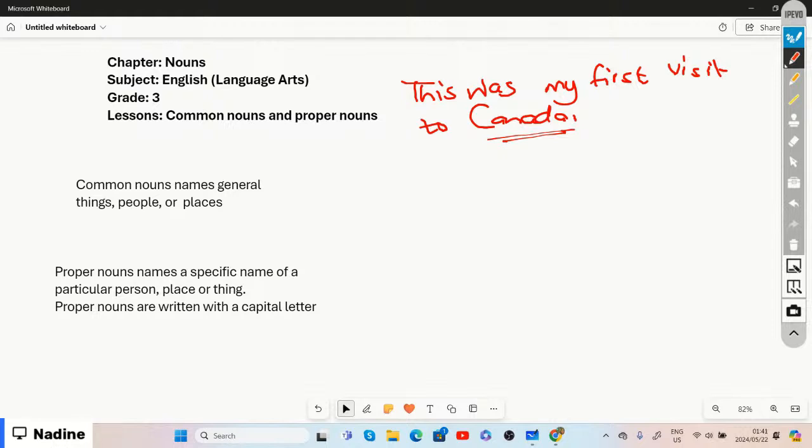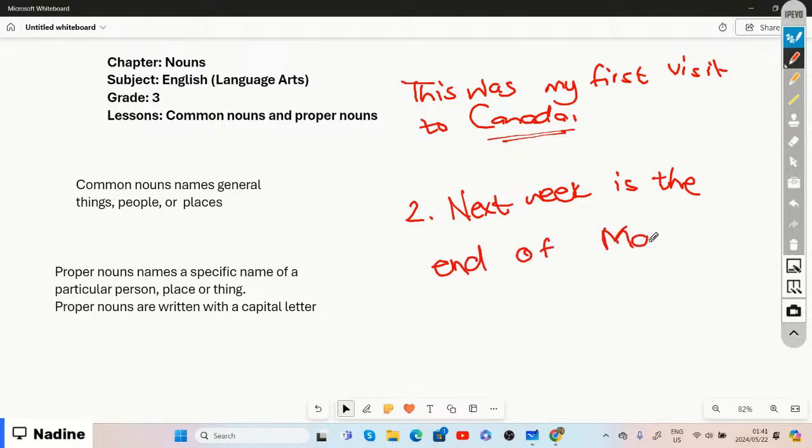We can say the next one is, next week is the end of May. What is the proper noun within that sentence? Next week is the end of May.